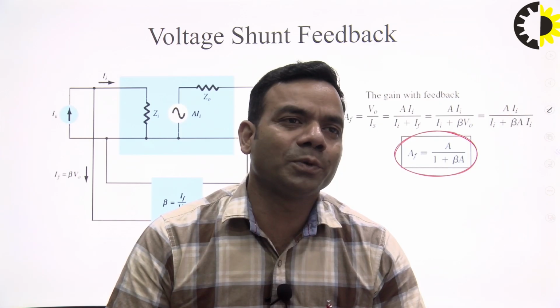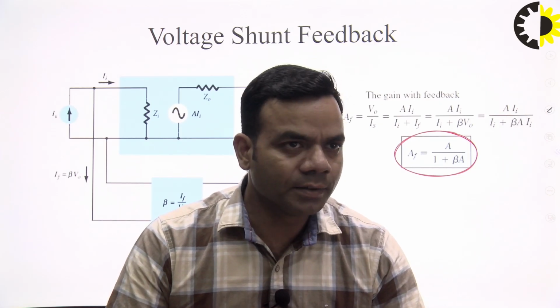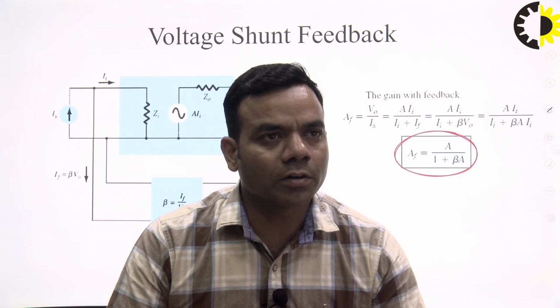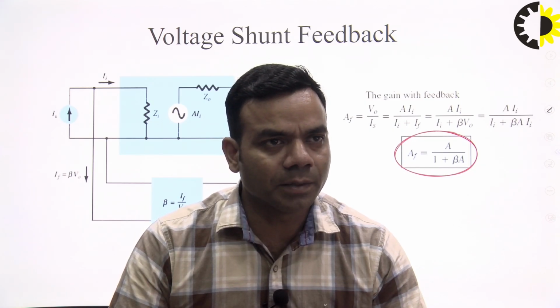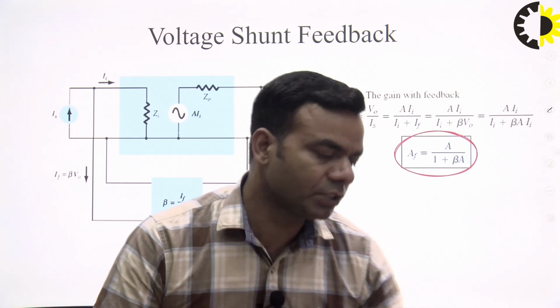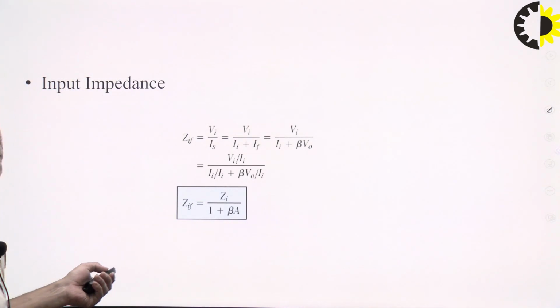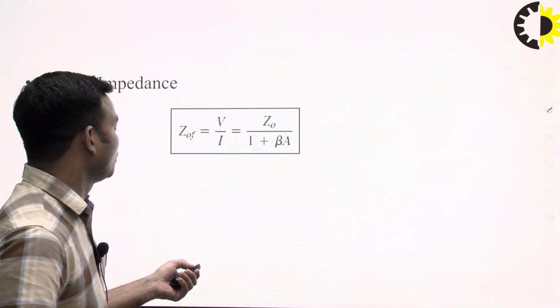However, input and output impedance will get modified with the term 1 plus A beta. Either it will get multiplied or divided by 1 plus A beta, depending on the series or shunt connections. And the method is very simple and the same as that of the voltage series feedback amplifier for finding out the values of ZIF and ZOF for the other feedback topologies.